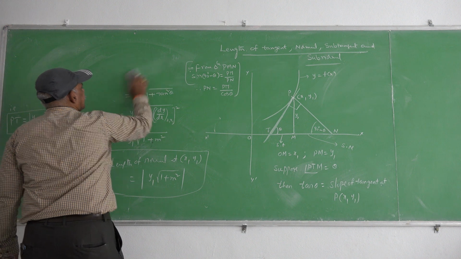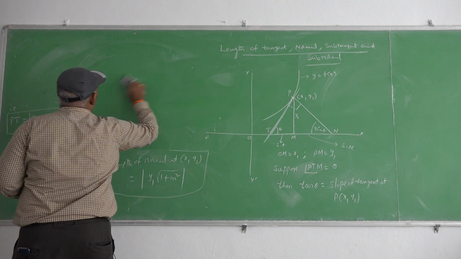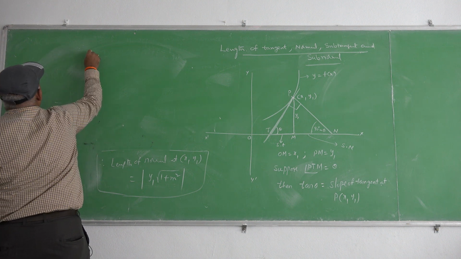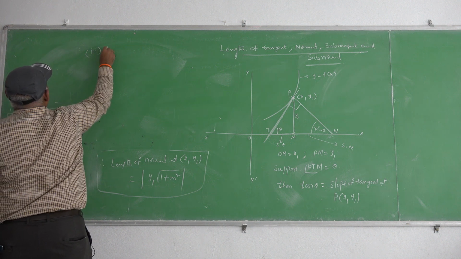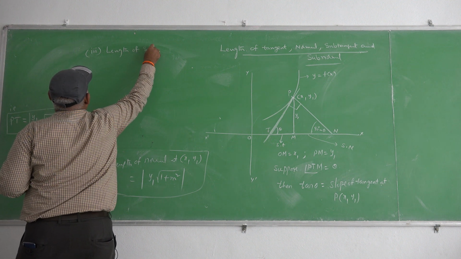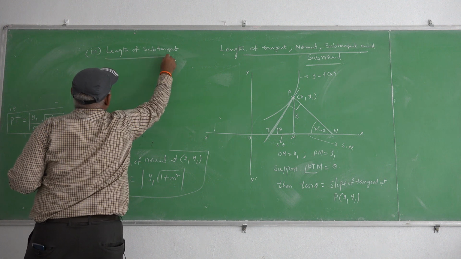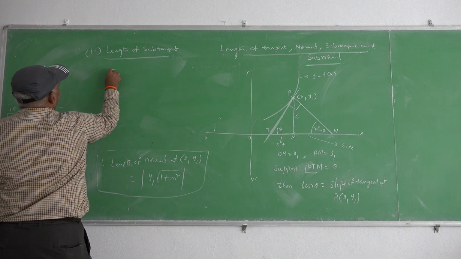So from this figure, now coming to the length of subtangent. The length of subtangent from the figure is TM.